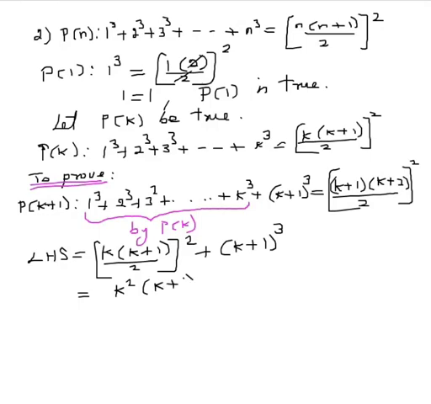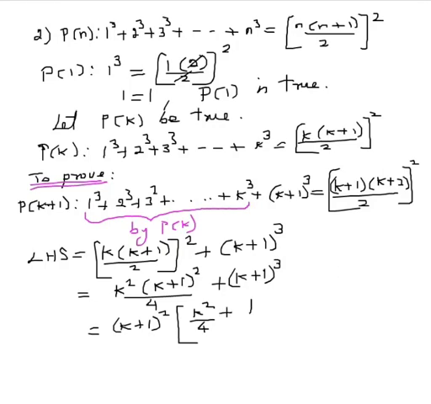I am distributing this power 2. And plus k plus 1 the whole cube. Take out the common factors. K plus 1 the whole square is a common factor. We get k square by 4 plus k plus 1 from the second term.